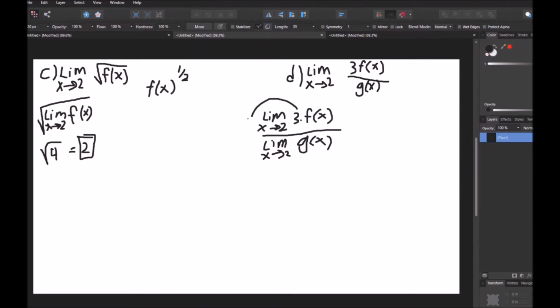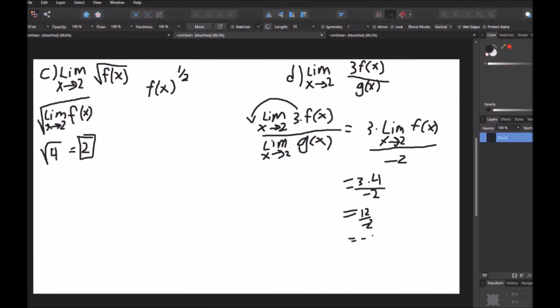This 3 is going to move over here because it's a constant, and we can write this as 3 times the limit as x approaches 2 of f of x, and the limit as x approaches 2 of g of x is -2. So then we have 3 times the limit as x approaches 2 of f of x, which is 4. We have 3 times 4 over -2, which is 12 over -2, which is -6. And that would be your answer for part D.